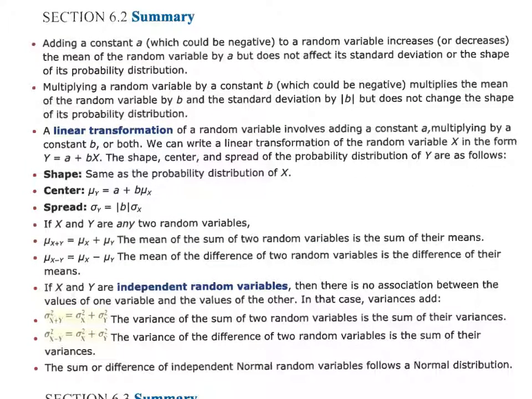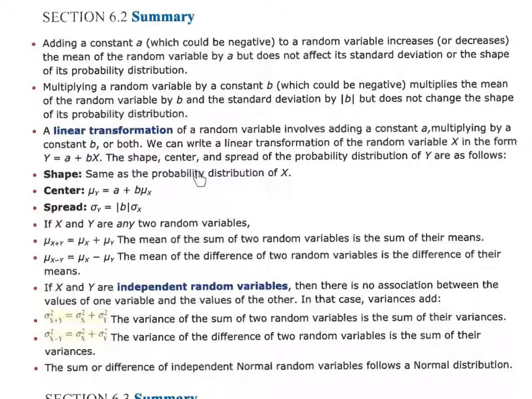Section 6.2 then jumped into more of linear transformations. Remember, this really sums it up right here. If you do a linear transformation, what's going to happen to the elements and how do they change? It says here, the shape, center, and spread of the probability distributions are as follows.